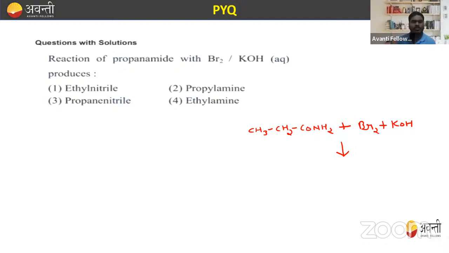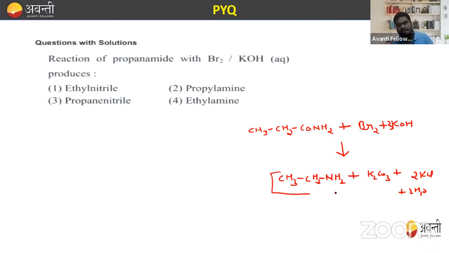So out of these four options, when this is treated, the formation of CH3, CH2, and NH2 takes place, and K2CO3 plus 2KCl plus 2H2O will be removed from this equation.